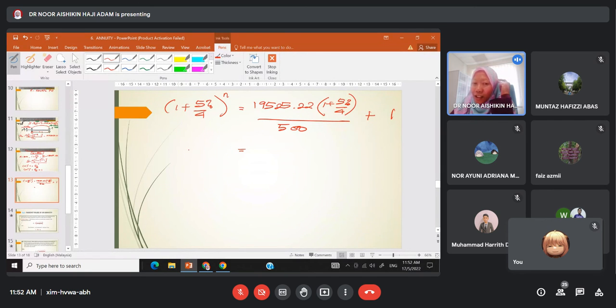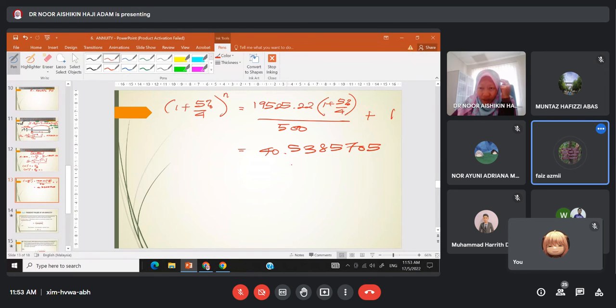Sebab kalau kita nak proceed, dia jadi panjang berjela. Berapa you dapat kelas? Dapat 40.5385705. You take the whole thing yang kalkulator bagilah.